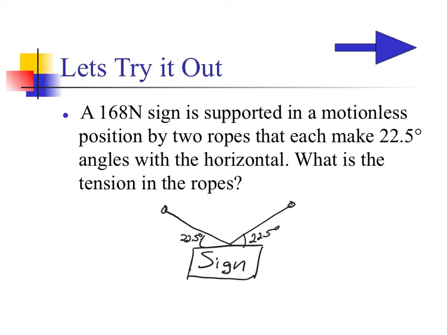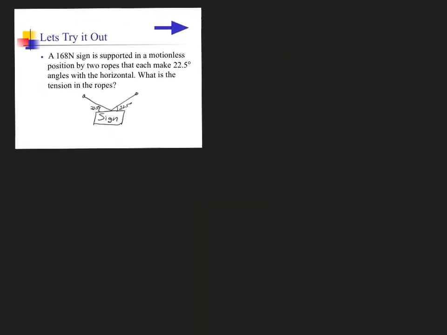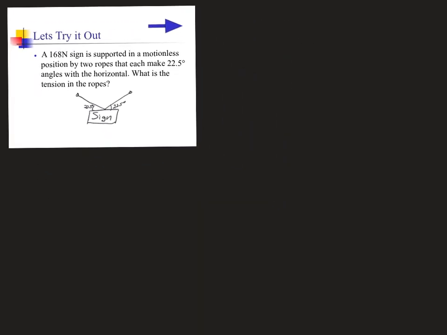Okay, so now we have a picture that we can look at and start solving for. Now we can come in and draw a free body diagram for the sign, because we do know some things.